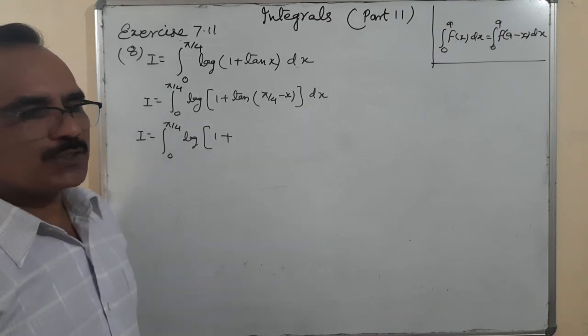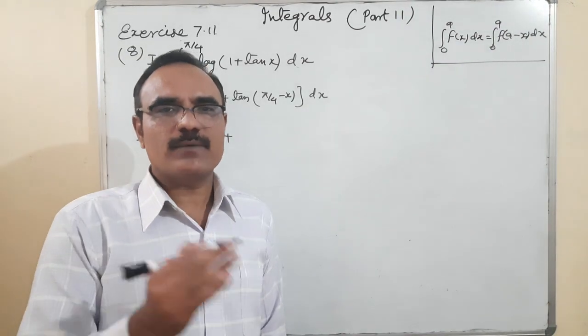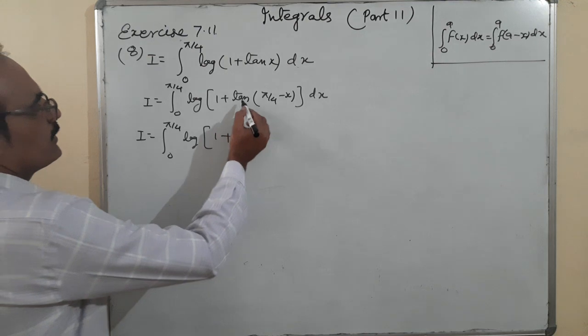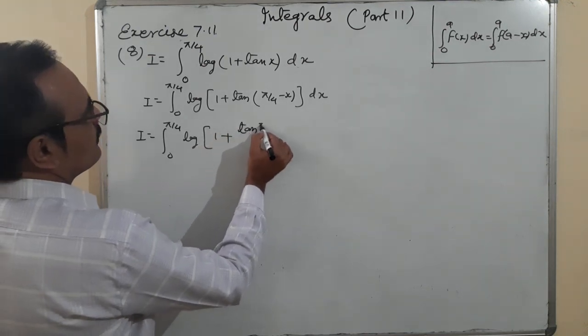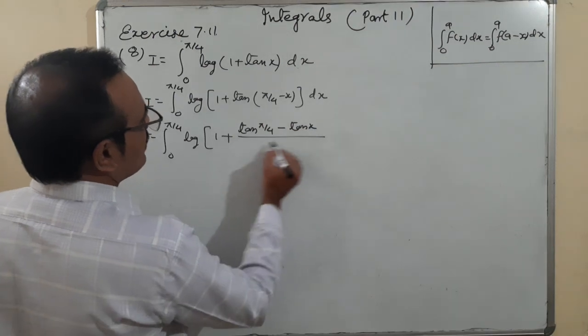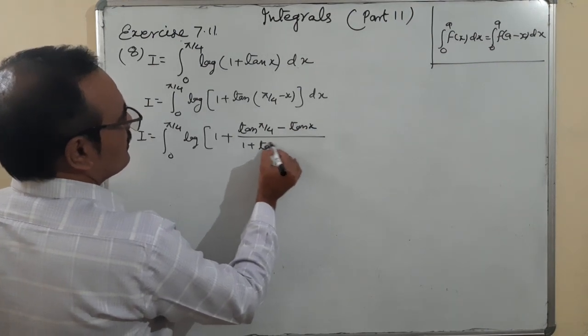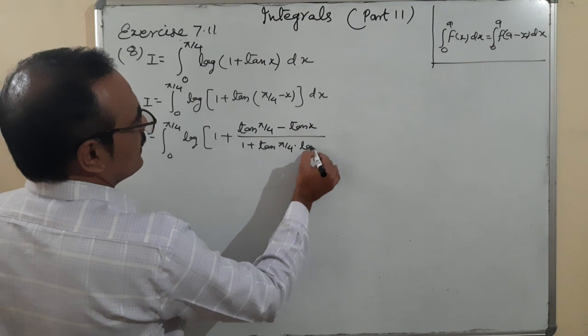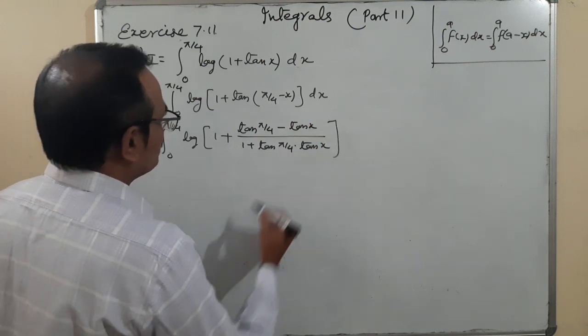here I can use the formula of tan a minus b, tan a minus tan b upon 1 plus tan a tan b. So tan pi by 4 minus tan x upon 1 plus tan pi by 4 into tan x. Is it okay?